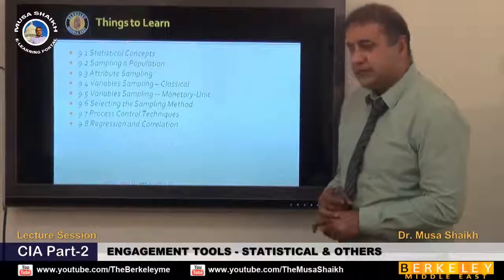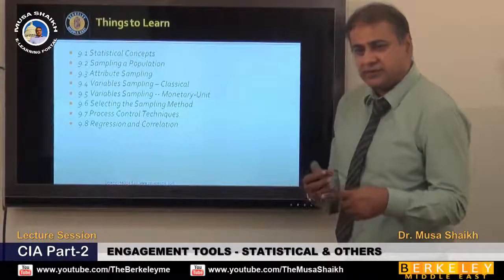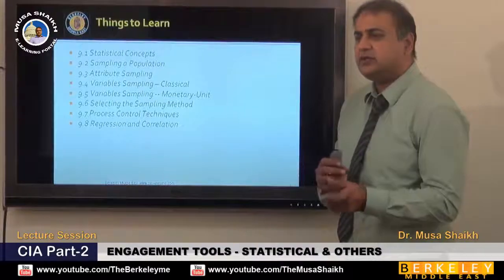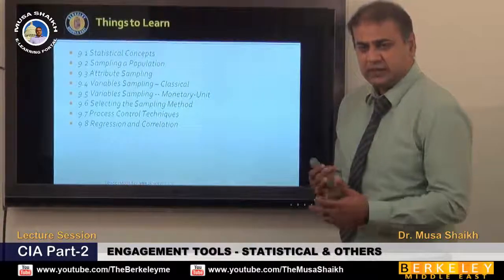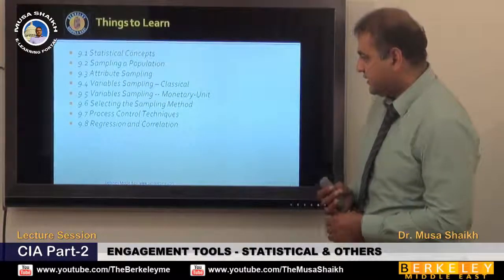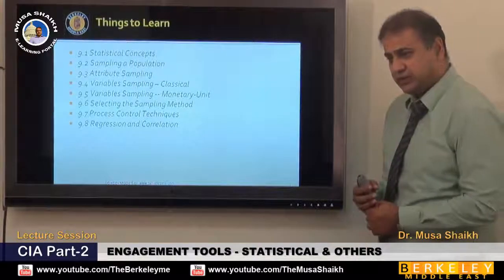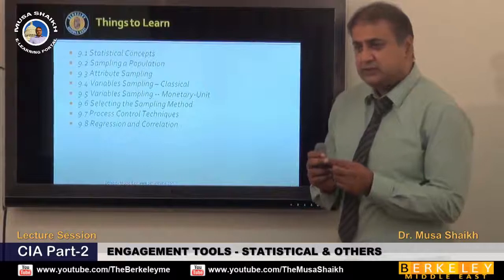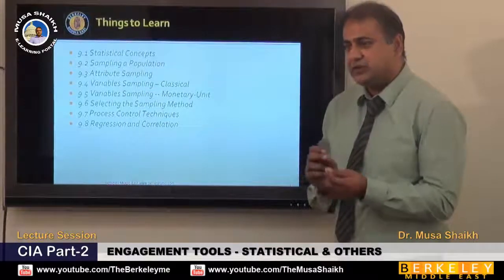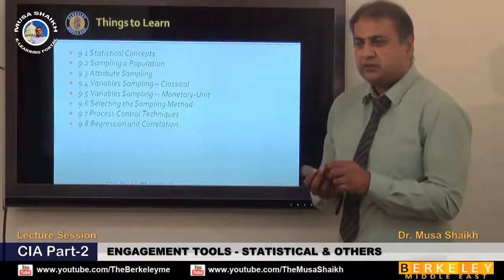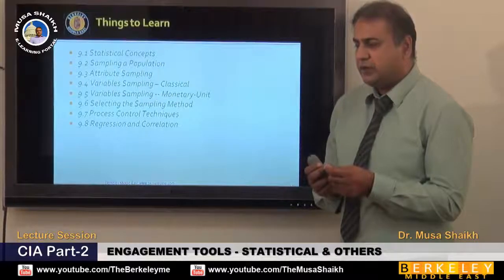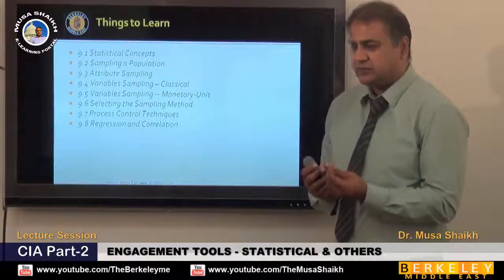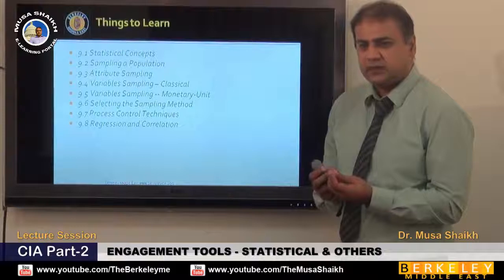Process control techniques, we will discuss how, once we define the process. This is related to the same controls that we already discussed. Regression and correlation. Correlation, co is a Latin word meaning two, the relation of two variables. Suppose we know that accounts works on a double entry system.